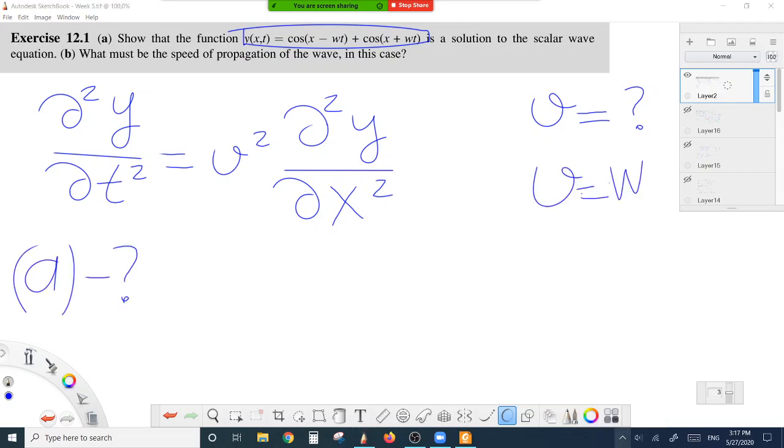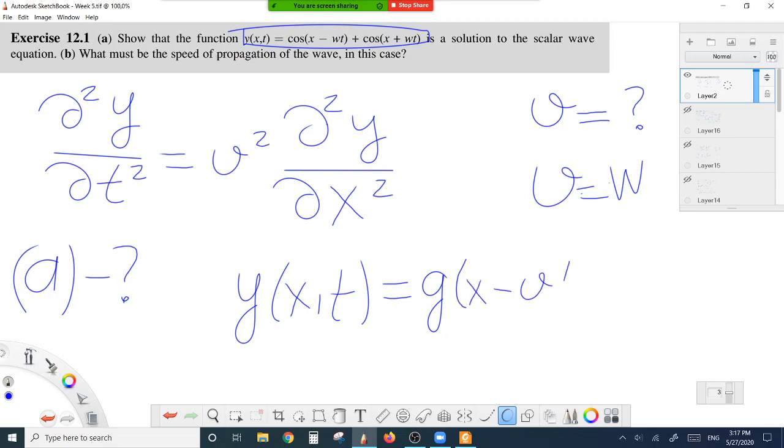First, at the very beginning of our chapter, we said that the solution for the wave equation has the general form: g(x minus vt) plus f(x plus vt), and sorry, here should be plus.